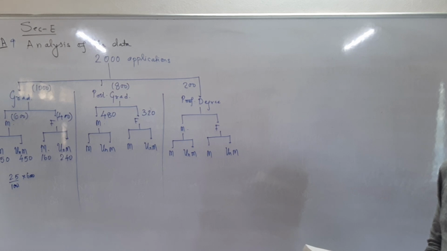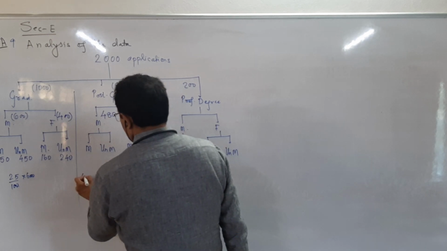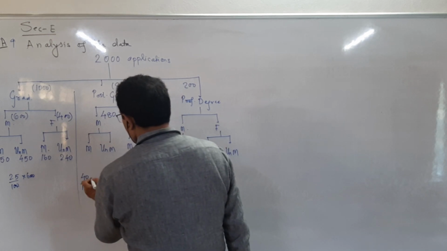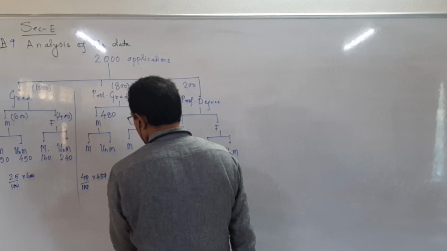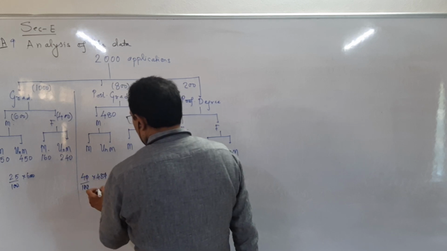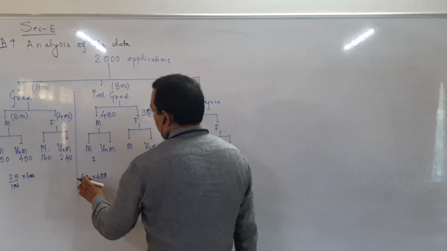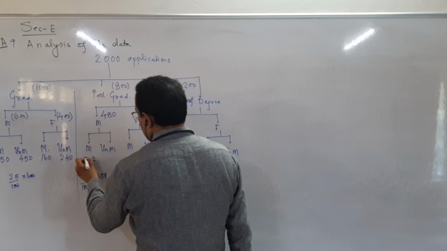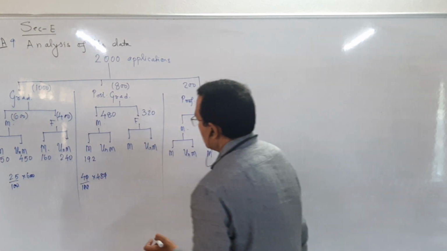And 40% of them were married. 40% so 40 upon 100 into 480, zeros cancel. 8 4s are 32, 4 4s are 16 and 3, 19. So 192.